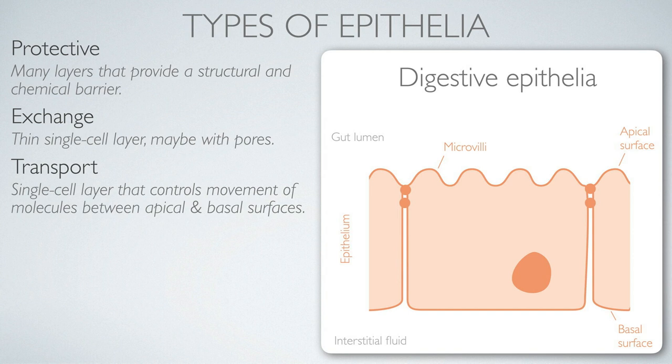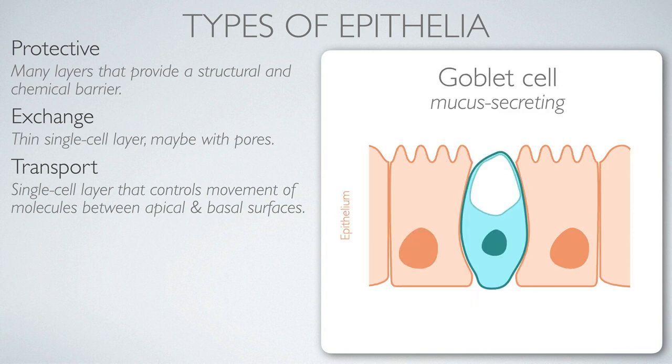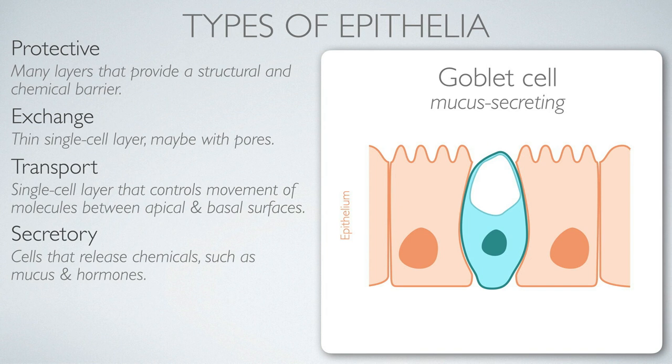Next up are secretory cells. There are dedicated epithelial cells that secrete chemicals such as mucus. In your mouth you have a variety of these goblet type cells which are mucus secreting. There are other secretory cells that are focused on secreting hormones and enzymes.